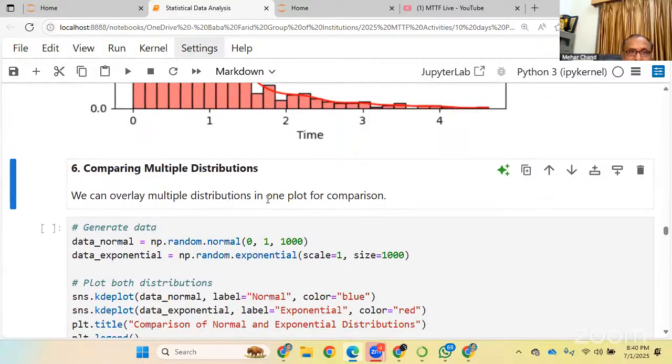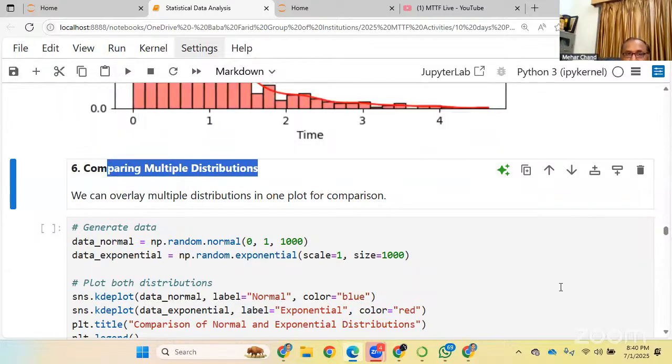Here we also put some examples to compare multiple distributions. Sometimes you need to compare multiple distributions, when you are trying two or three distributions for your experiment, and you need a comparison, then all the plots must be in a single image. So here are the statements.